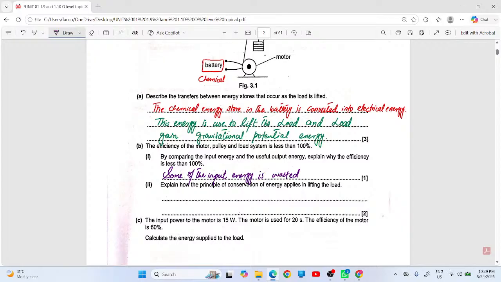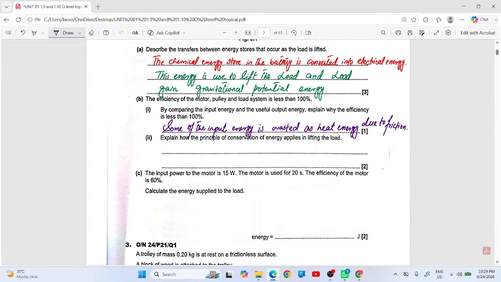Some of the input energy is wasted as heat energy due to friction. आंसर चेक कर लें इसका. जी सर, इसका आंसर में लिखा हुआ है useful output energy is less than input energy. Why? ये नहीं लिखा. Due to friction.